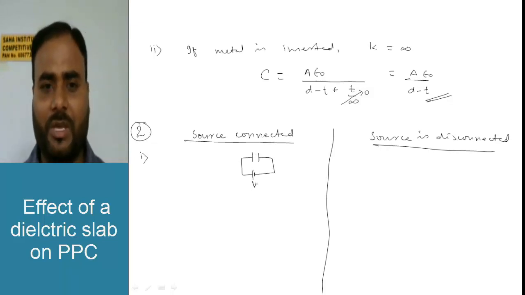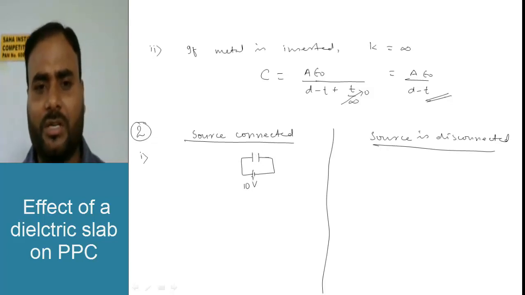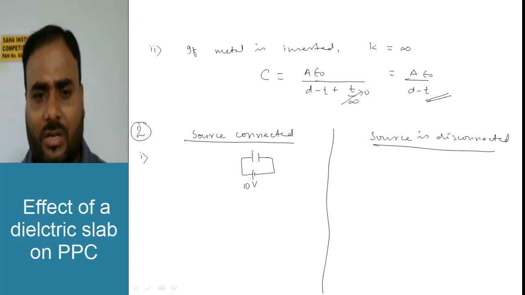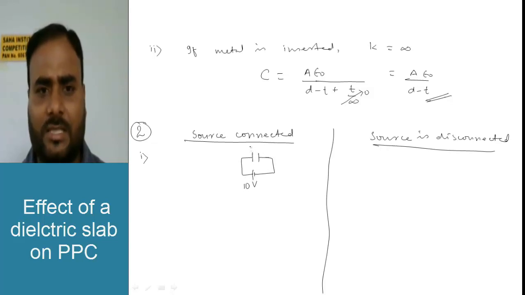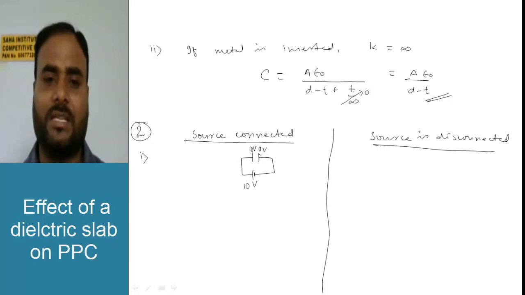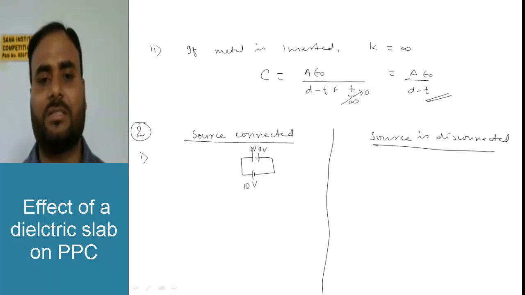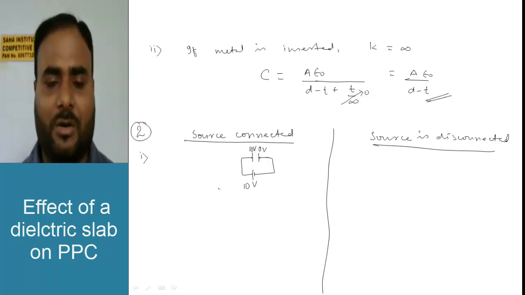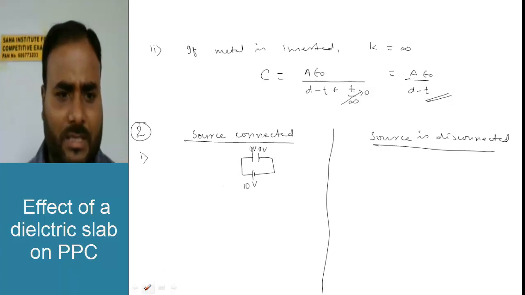If the source is of V volt, let me say 10 volt, then the work of this 10 volt is to always ensure that there is a difference of potential of 10 volt across the two plates of the capacitor. This has to be at a higher potential, let me say 10 volt, and this at a lower potential, let me say 0 volt, so that the difference always remains 10 minus 0, which is 10.